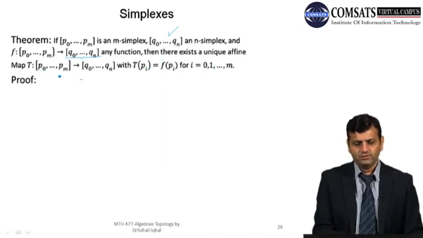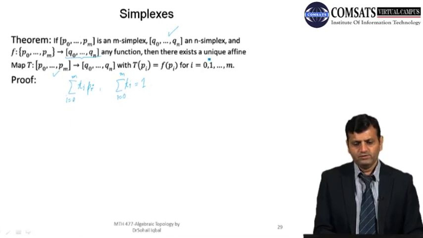The proof of this result is very simple. The points of this m-simplex are of the form the sum of ti Pi, where i is from 0 to m, and of course the summation of these ti from 0 to m is equal to 1.